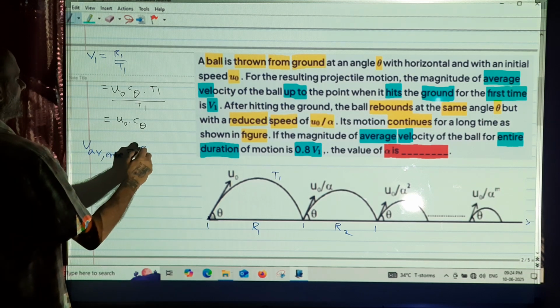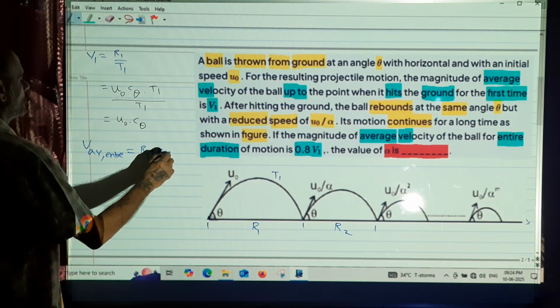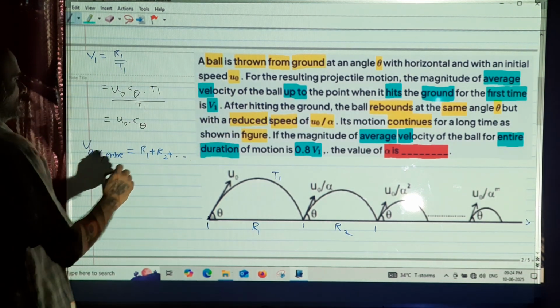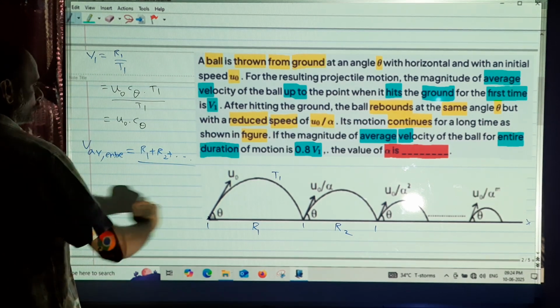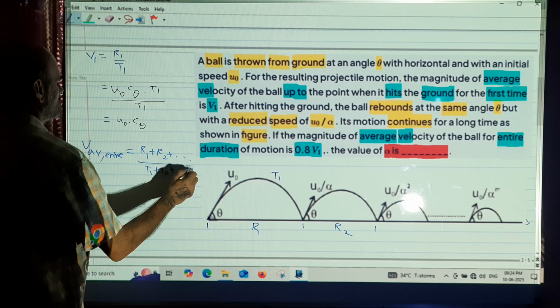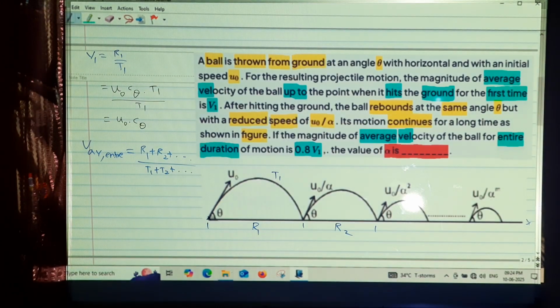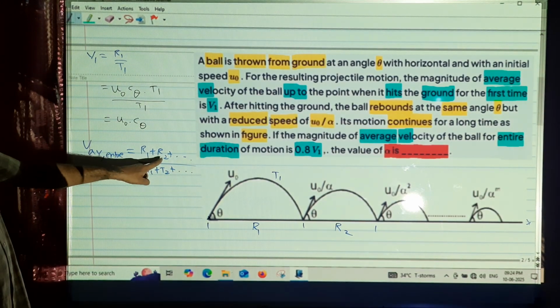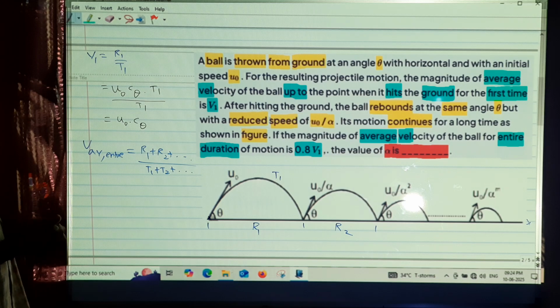That will be r1 plus r2 plus so on, divided by the total time taken, that's t1 plus t2 plus so on. So we have to find this r2, t2 and those things.